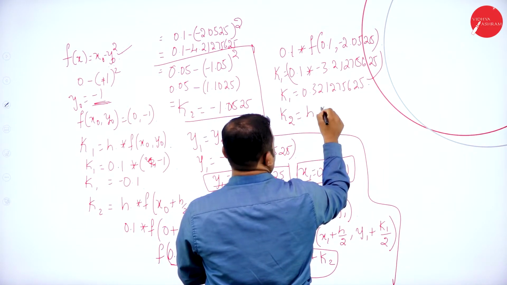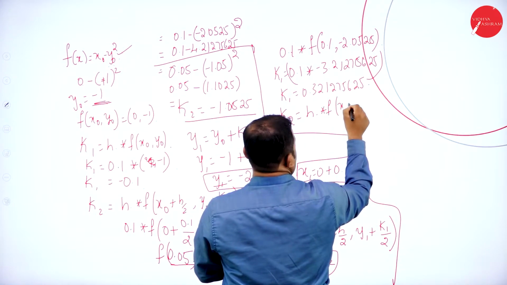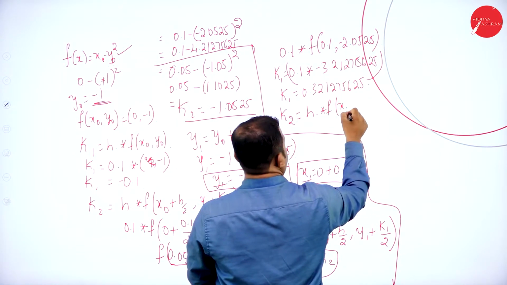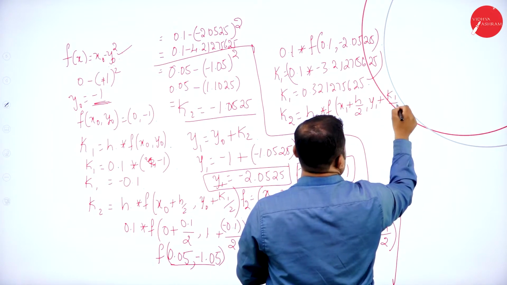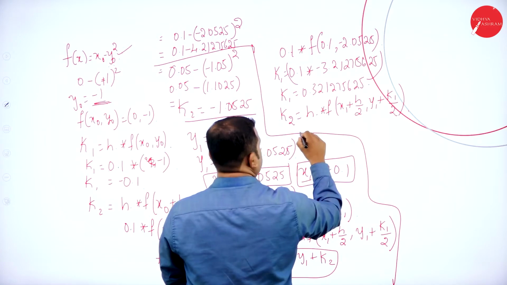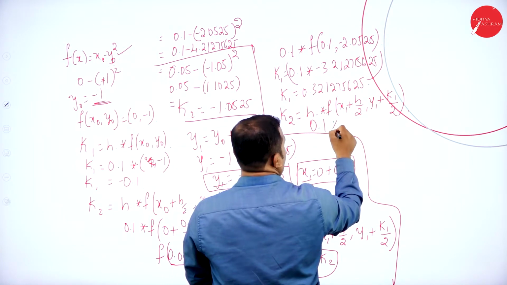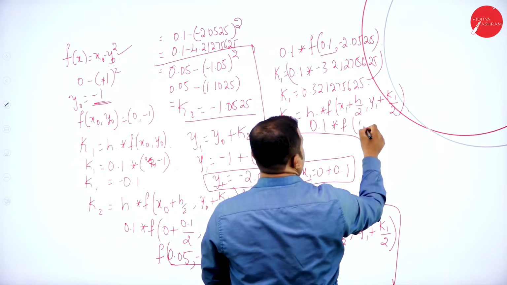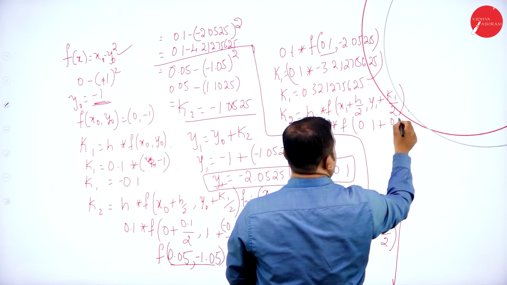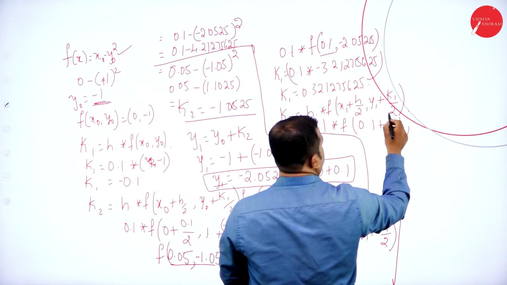K2 is equal to h into f of x1 plus h by 2 comma y1 plus k1 by 2. This is the formula. If that is the case, h is what? 0.1 into f of, what is the value of x1 we have obtained? That is 0.1. 0.1 plus 0.1 by 2 comma we have y1.